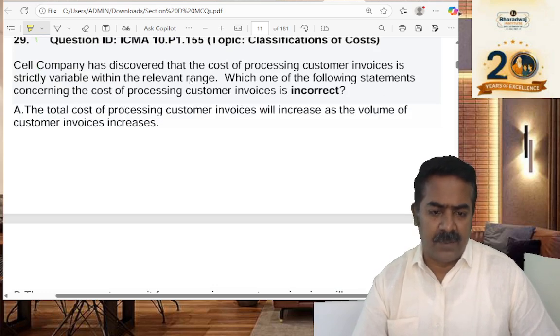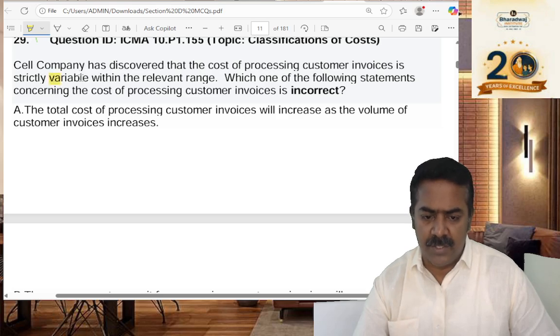A company has discovered that cost of processing customer invoice is strictly variable within the relevant range. Which one of the following statements of cost of processing customer invoice is incorrect?